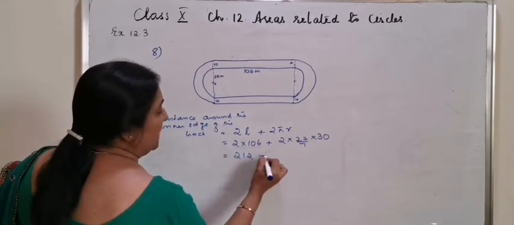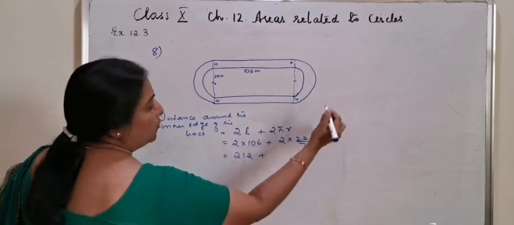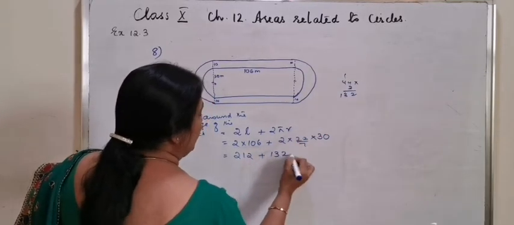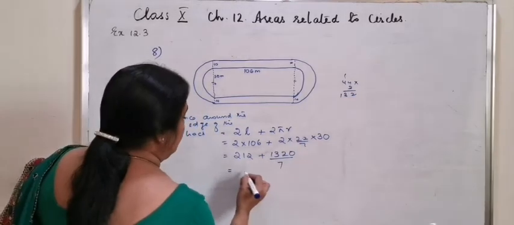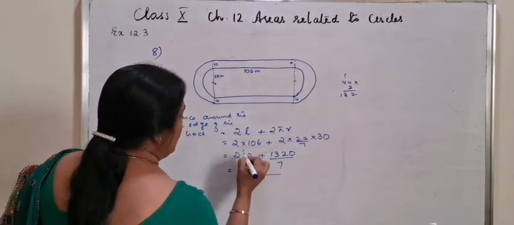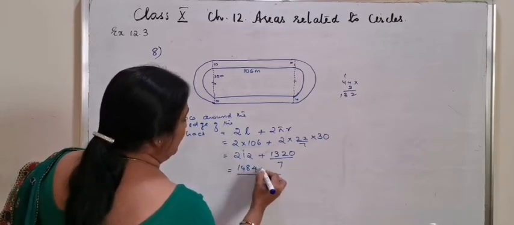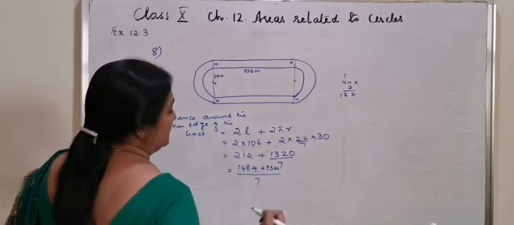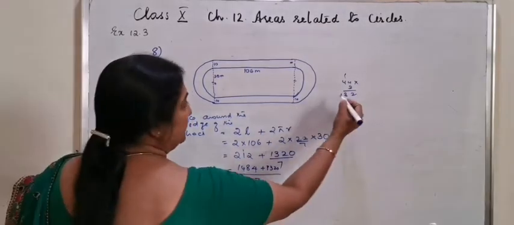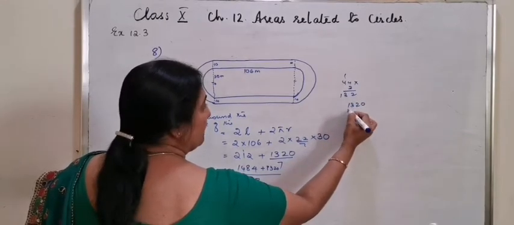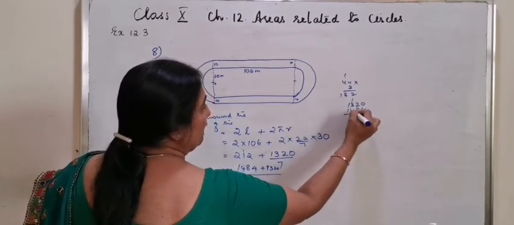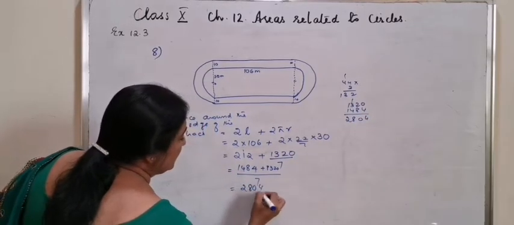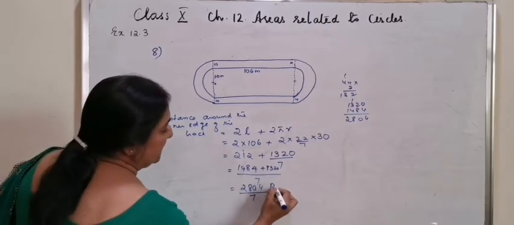That is 212 plus, it is 44 into 30, 4 3s are 12, 1320 by 7, by LCM, 7 2s are 14, 14 plus 0, 1484 plus 320 by 7, which is the same as 2804 by 7 meter.